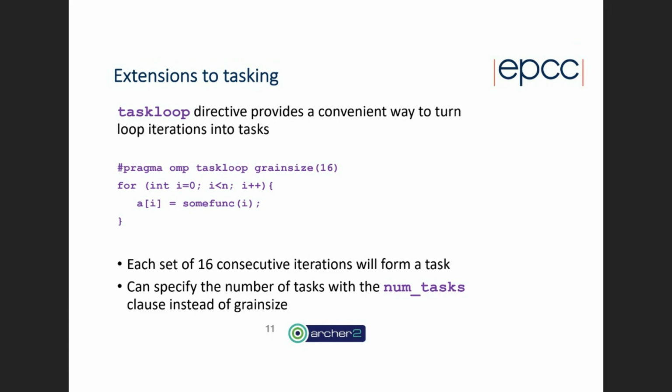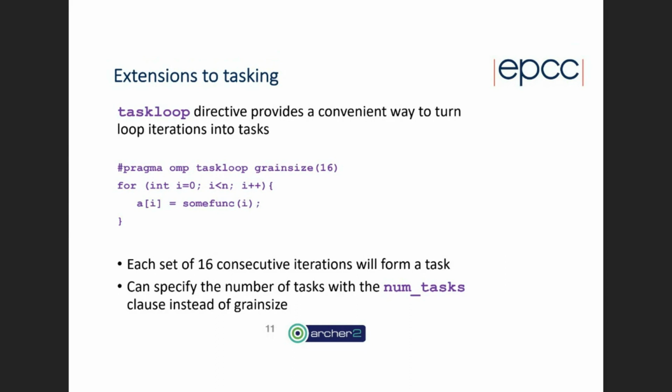You can have a loop, put a #pragma omp taskloop directive on it, and then specify a grain size, for example. In this example, it will take every group of 16 iterations and package those iterations up as an OpenMP task.